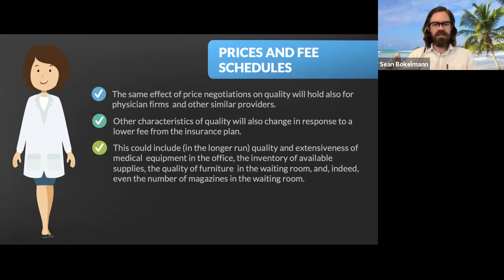It's also possible that other characteristics of quality might change in response to the lower negotiated prices. And this could include things that might be in the longer run, like the quality and extensiveness of medical equipment that they use, the inventory of supplies, and perhaps even things like the quality of furniture in the waiting room, or even the number of magazines and the type of magazines in the waiting room, right?